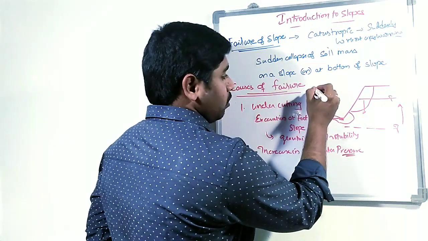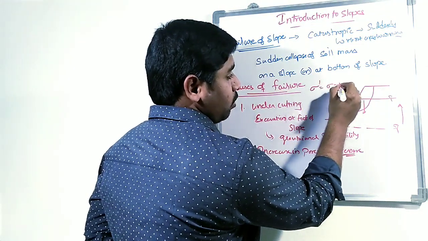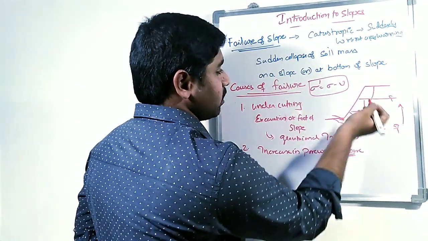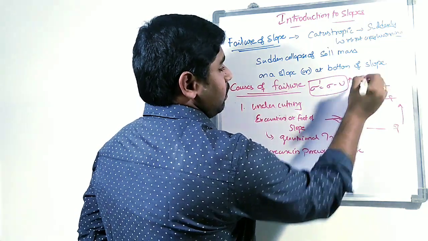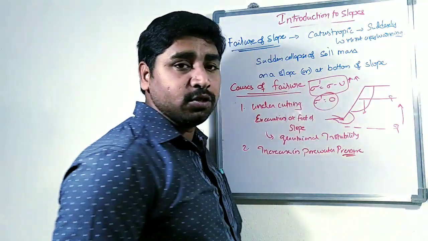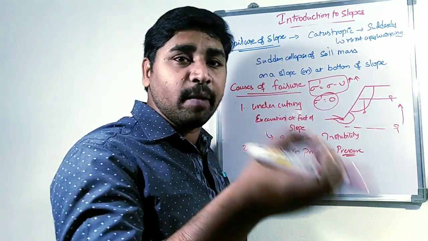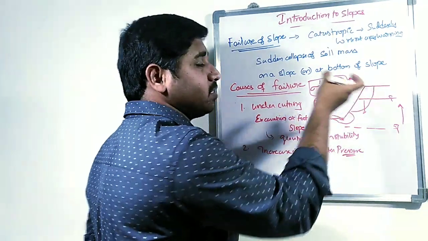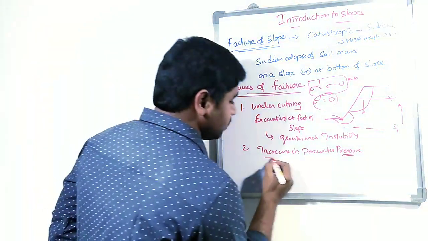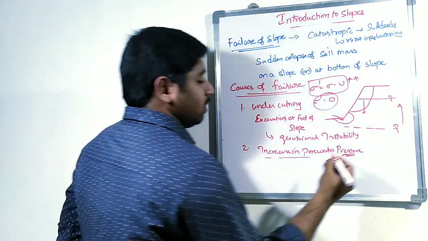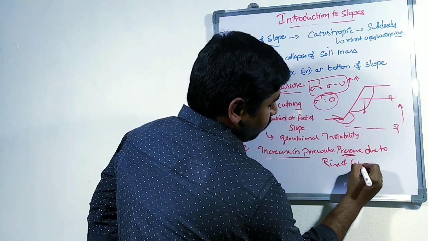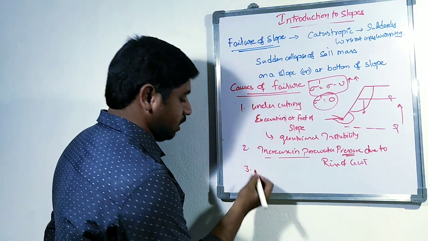We all know effective stress is equal to total stress minus pore water pressure. So whenever this pore water pressure goes on increasing, the effective stress becomes zero. When the effective stress becomes zero on a soil particle, then all of a sudden the soil mass will undergo collapse due to lack of shear strength. So that is why increase in pore water pressure due to rise of groundwater table is another cause.